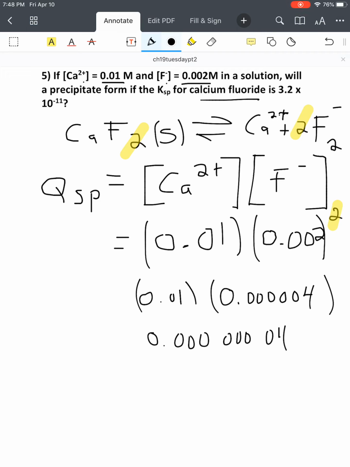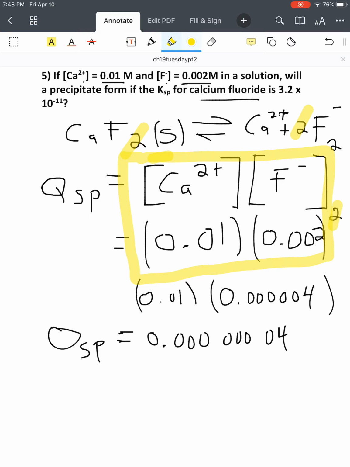Just make sure I count my zeros. 3, 6, 7. Yeah, that looks like it's right. That is my value for the QSP for this particular situation, which is governed by the stated concentration of these ions.